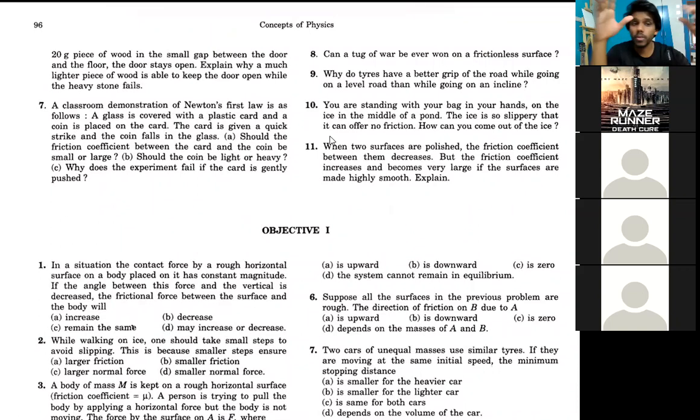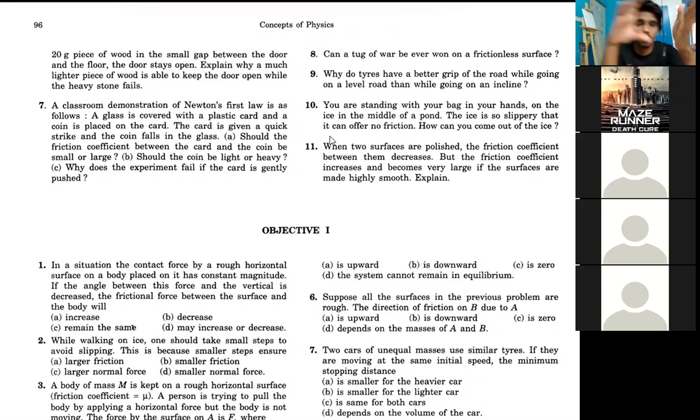When you're sandwiching a small piece of wood or paper between the door and the floor, the door is trying to push it, so the door is actually giving a lot of normal force onto the wooden piece. That normal force is getting converted into friction, and that friction is helping.